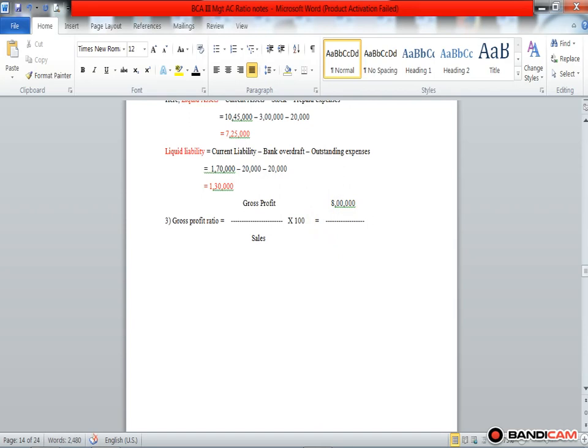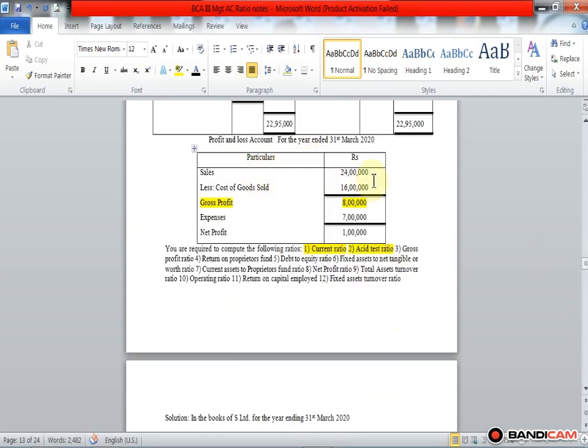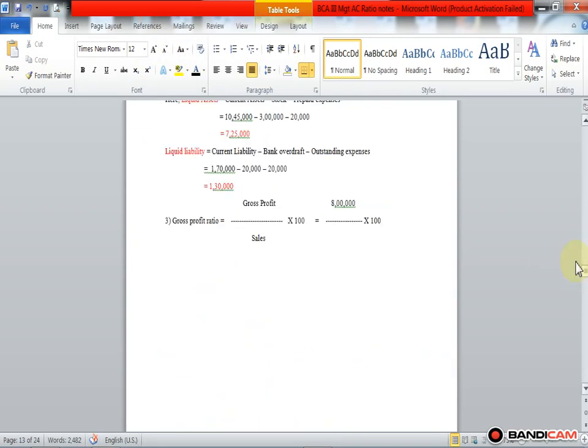Sales is also given in the problem. Here sales is 24 lakh, rupees 24 lakh. So put these sales in the formula.